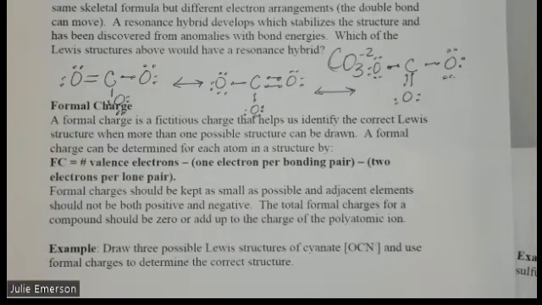The formal charges here are going to help us get the very best structure we can for whatever Lewis structure we're looking for. It is also going to show us that there are times when we need to expand the octet. In intro, we never talked about that. We just said, nope, octet rule, duet rule for hydrogen, period. End of sentence. We don't talk about it.